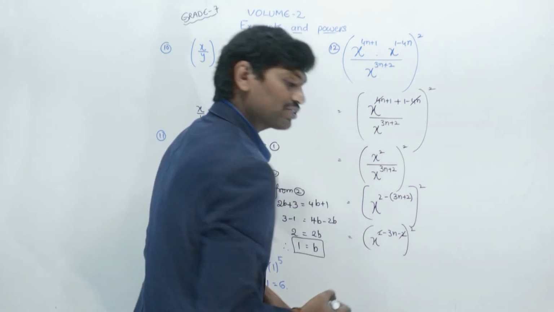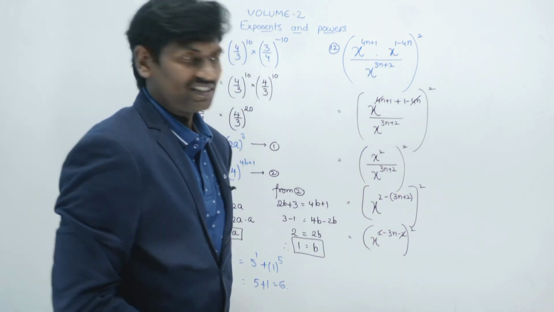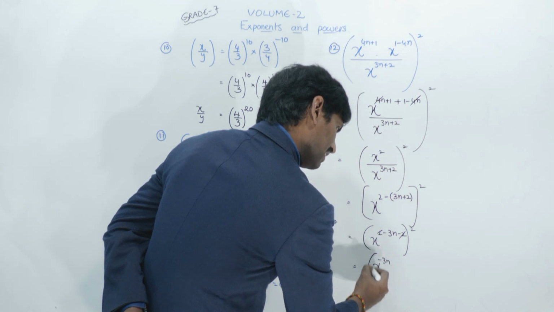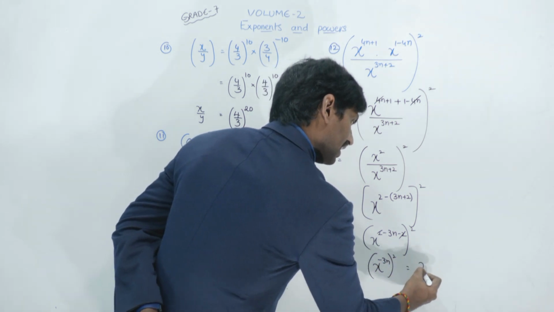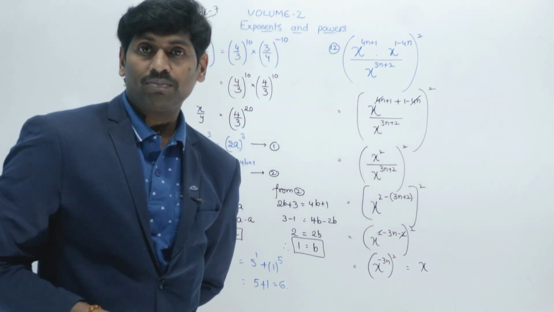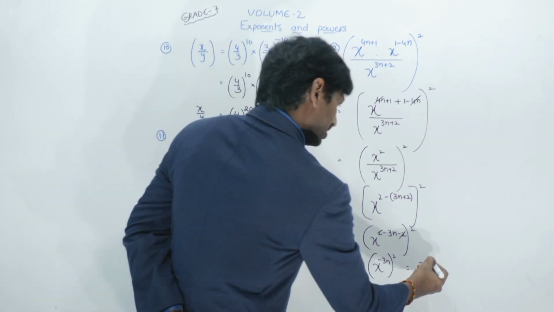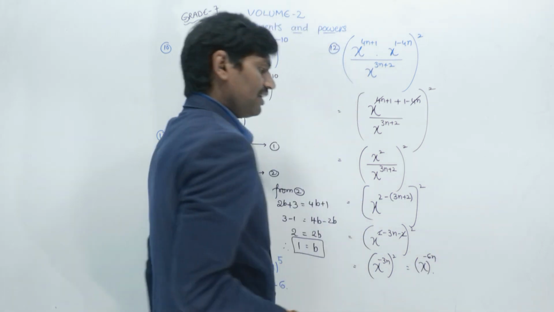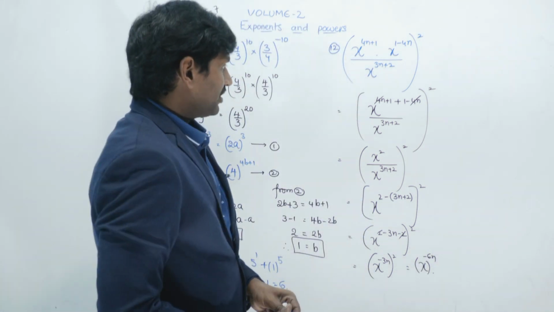So minus 2 plus 2 cancel. x power minus 3n will remain. x power minus 3n whole square. Power of a power law: a power m whole power n gives a power m into n. So based on this we can write x power minus 6n. x power minus 6n will be the final answer.